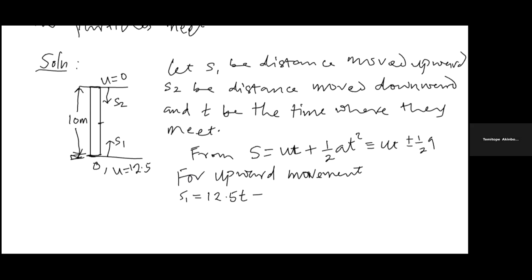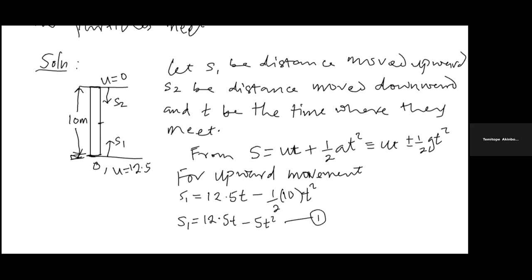Because it's moving against gravity, we take g to be minus 10. So this will be minus 5t squared. Does that make sense to you? So S1 equals 12.5t minus 5t squared, equation 1.